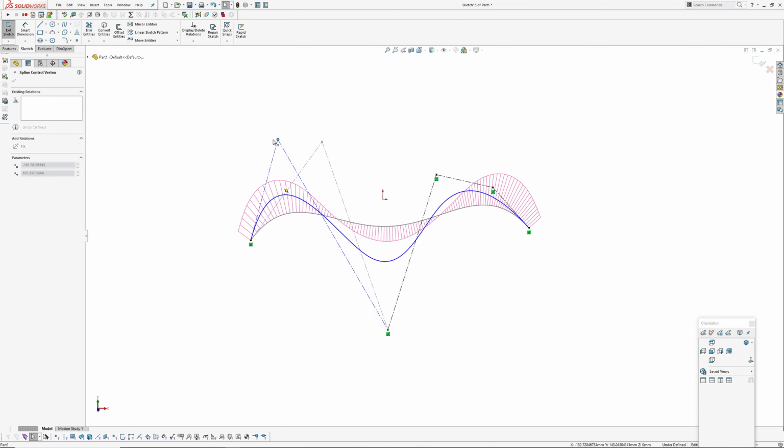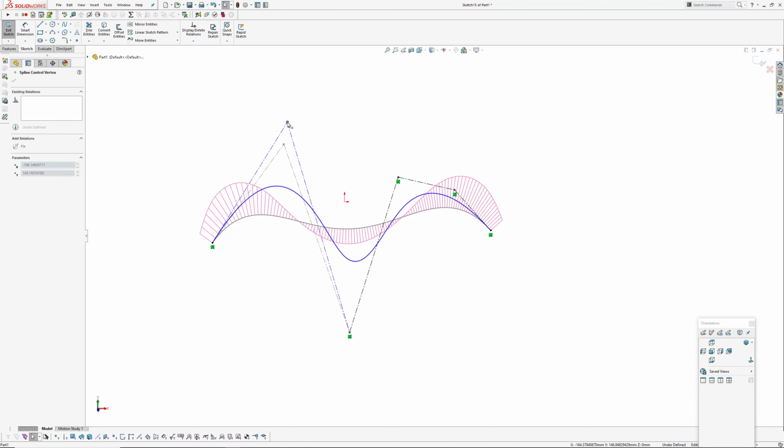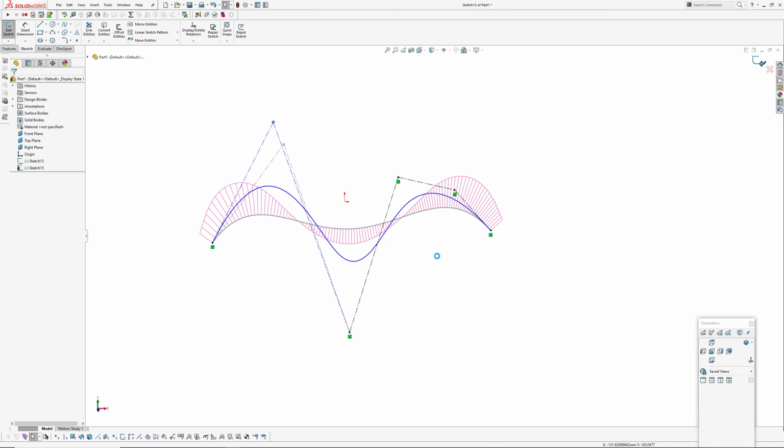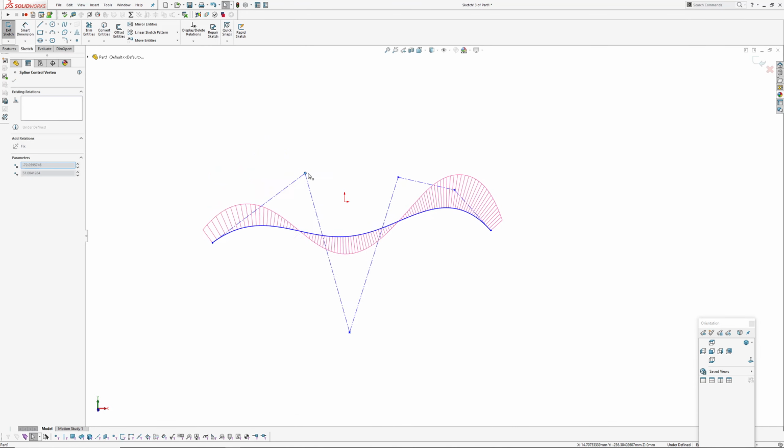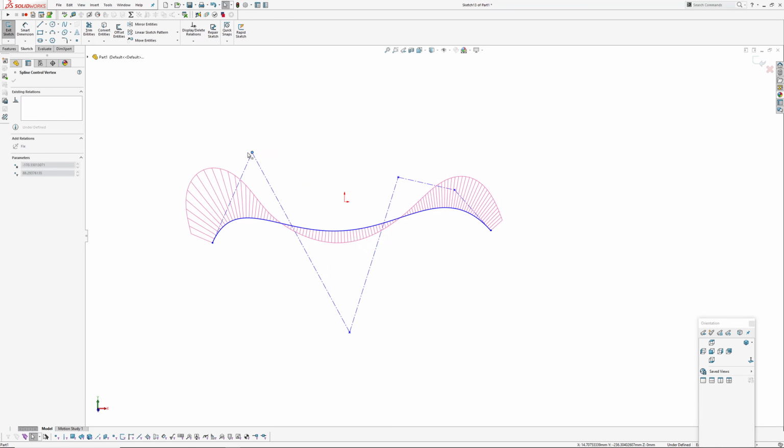It allows you to have more points in a curve, and the influence of each point is much more localized than it is in a single span curve. Like if I go over into the other curve, like if I drag this point around, it affects the entire spline. Single span, you drag a point around, it affects the curvature across the entire spline.